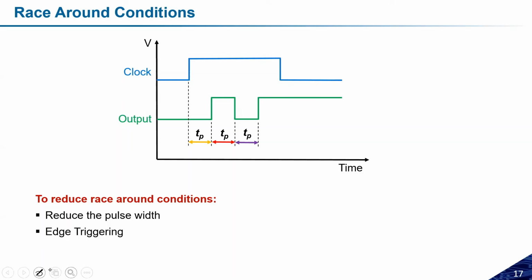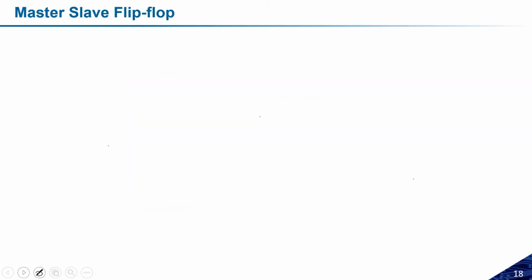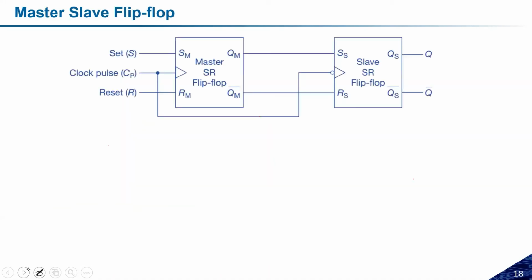To overcome that problem, there is one more alternative solution, which we call the master slave flip-flop. Instead of a single flip-flop, we need to use two flip-flops, and the clock pulses in both flip-flops are opposite to each other. One is active high and the second one is active low. Active high and active low means one is positive edge triggered and the second one is negative edge triggered.